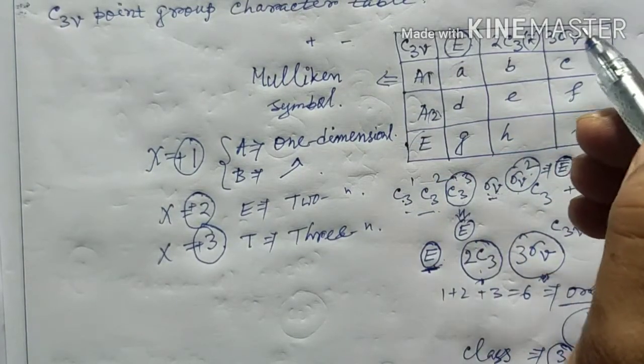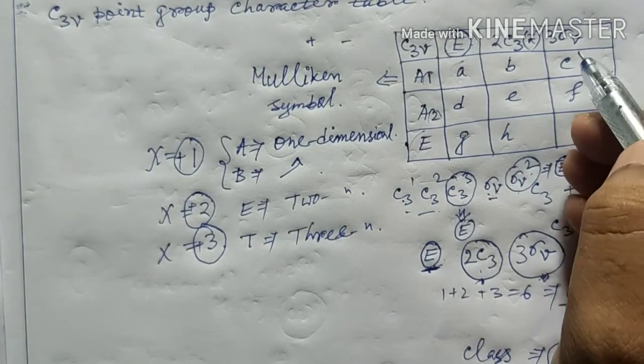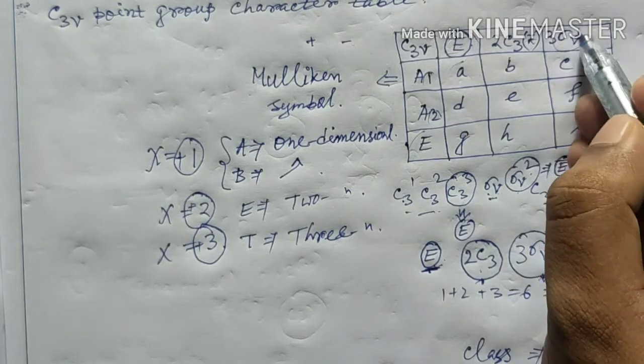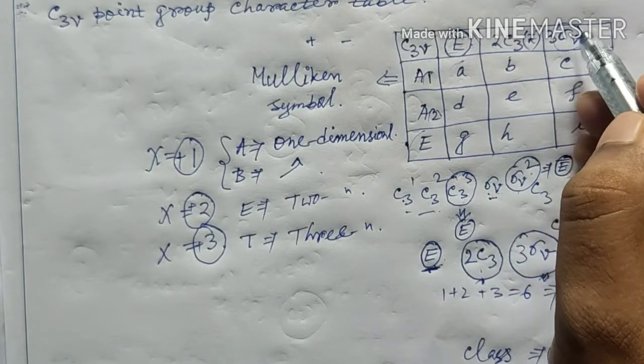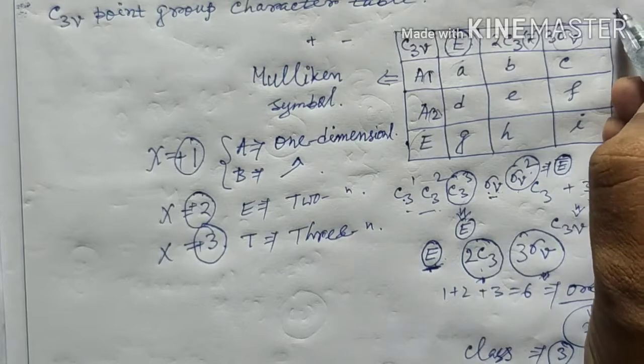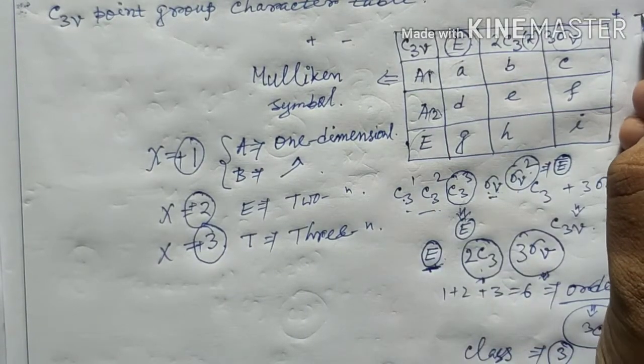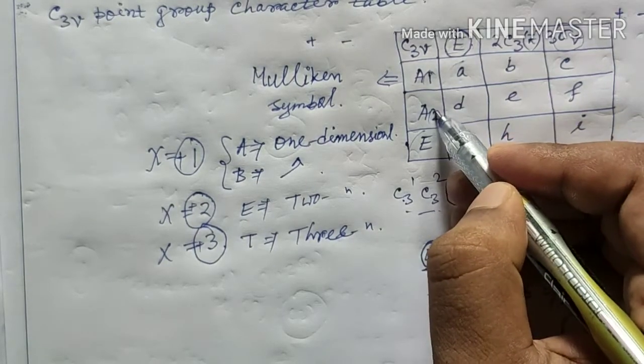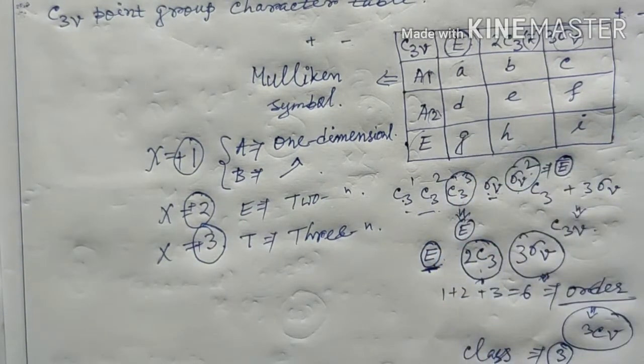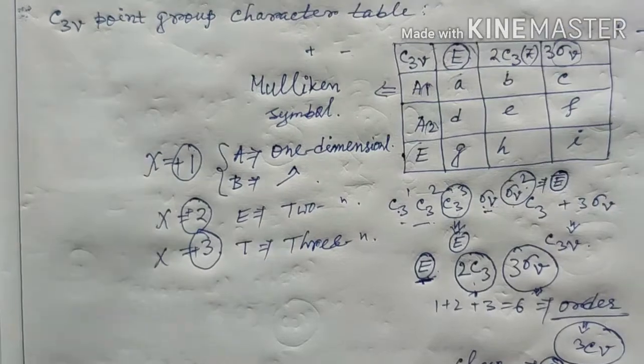If there is no perpendicular C2 axis, then we have to consider the sigma v plane. If the character corresponding to sigma v is positive, it will be 1, and if it is negative, it will be 2. Is it okay?